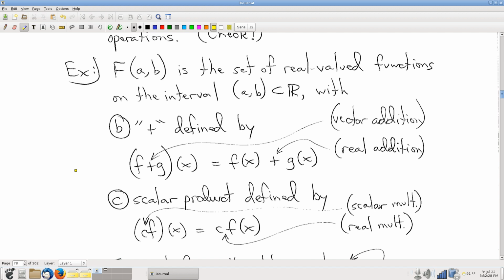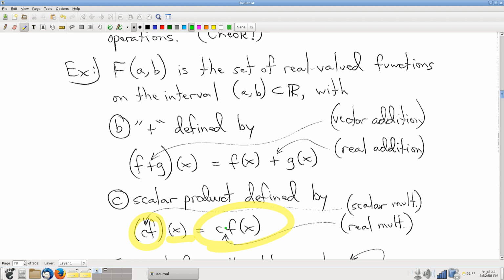Okay. So this is how addition is defined, and our scalar product is going to be defined in a sort of similar way. Specifically, if you want to multiply a scalar c times a function f, so this is our new scalar vector multiplication, the result is a function that I define by telling you how to compute it, and if you want to plug in x into this new function, here's the formula for how to do it.